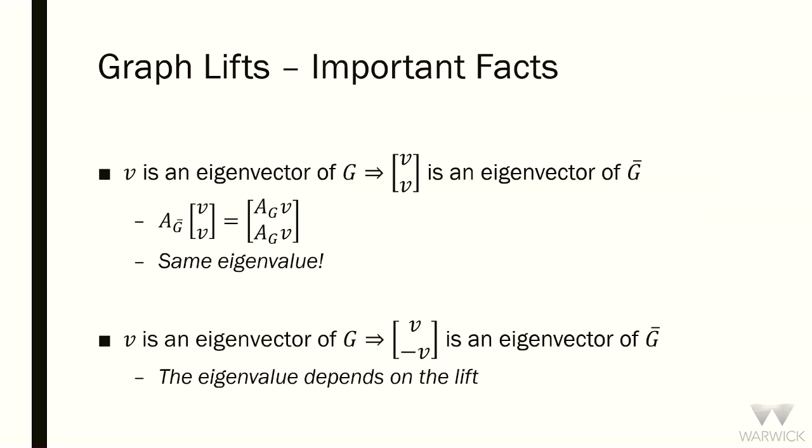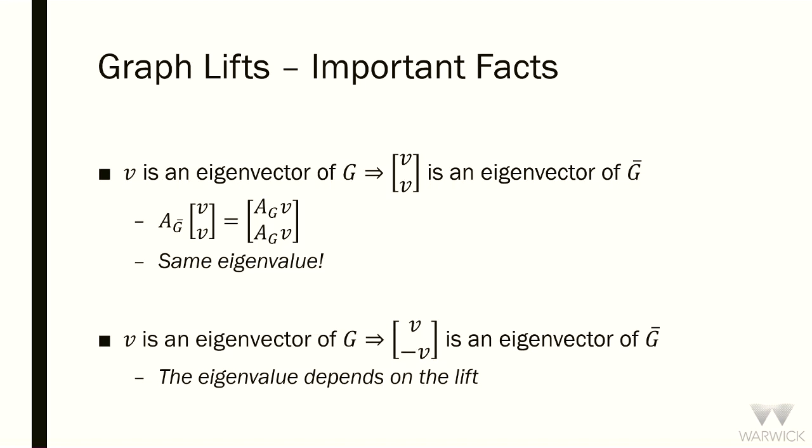The most important fact that allows us to analyze these partial lifts is that we can track the eigenvectors, not only the eigenvalues, of lifts. So if we know the eigenvectors of the base graph G, we have a complete characterization of the eigenvectors of the lift of the graph.